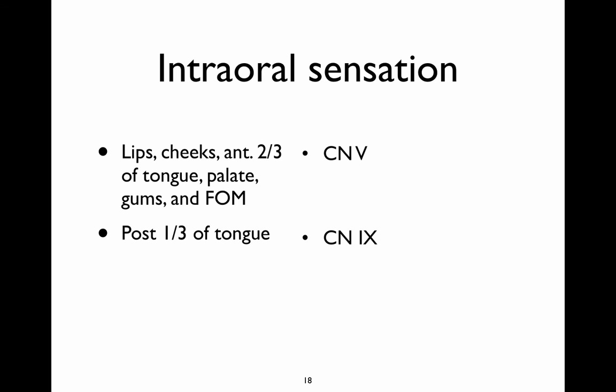In this instance, I wanted to talk about the sensations that act as important feedback mechanisms that are within the oral cavity itself. So that would be anterior 2/3 of the tongue, at the tongue and the lips and the cheek, etc. FOM stands for the front of the mouth.